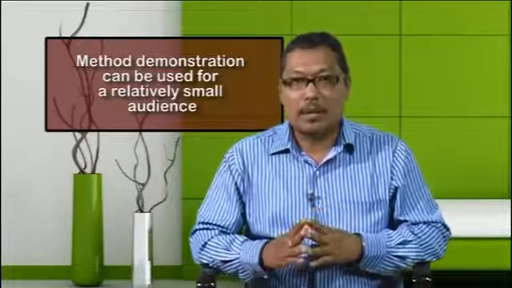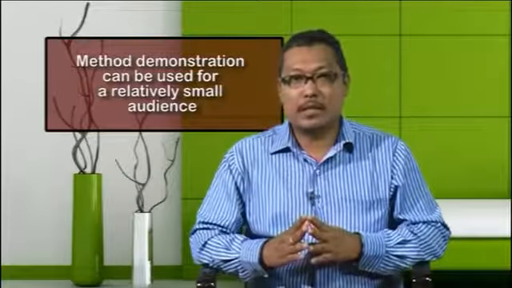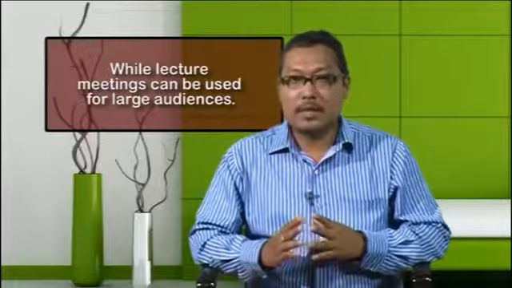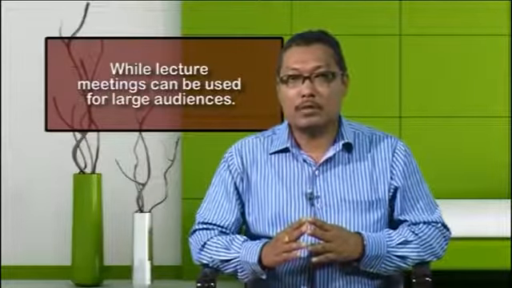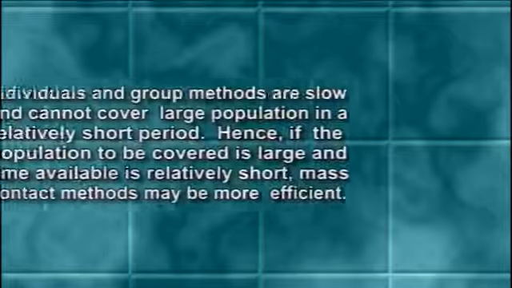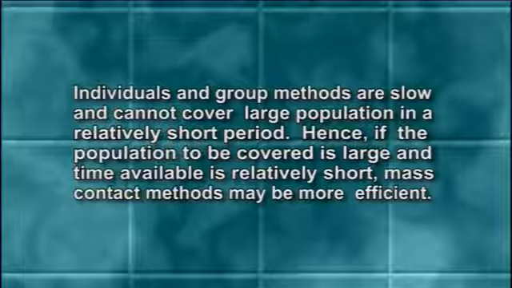Method demonstration can be used for relatively small audience, while lecture meetings can be used for large audiences. Individual and group methods are slow and cannot cover large population in a relatively short period. Hence, if the population to be covered is large and time available is relatively short, mass contact methods may be more efficient.